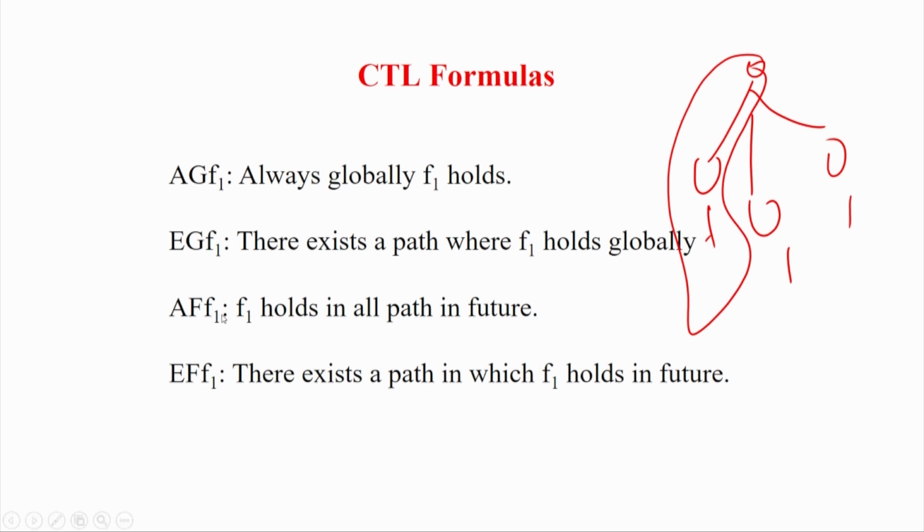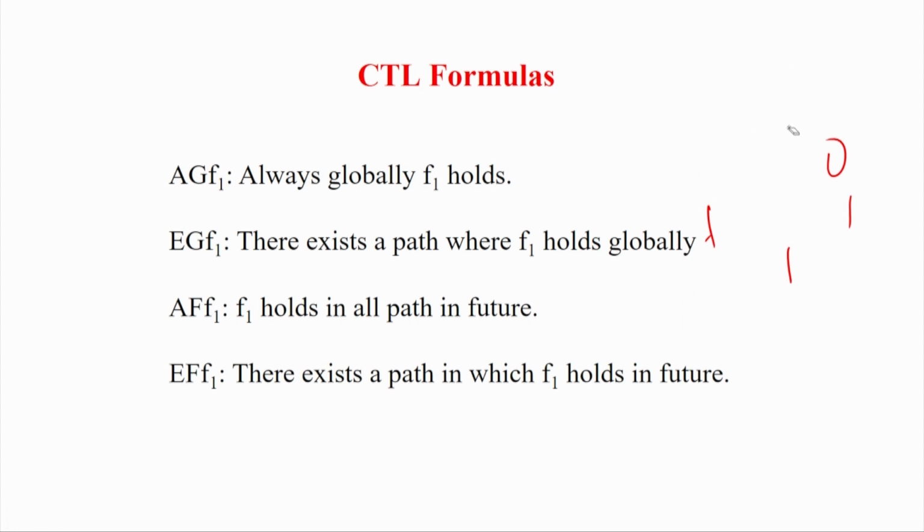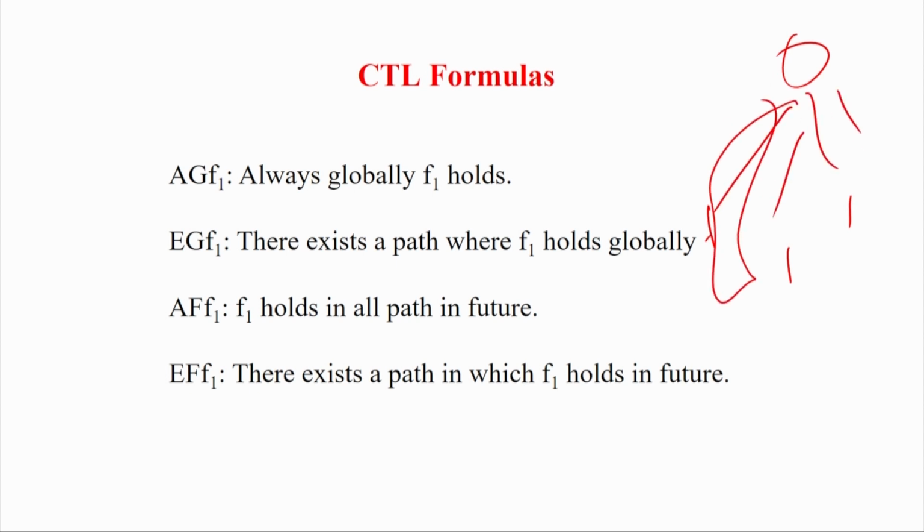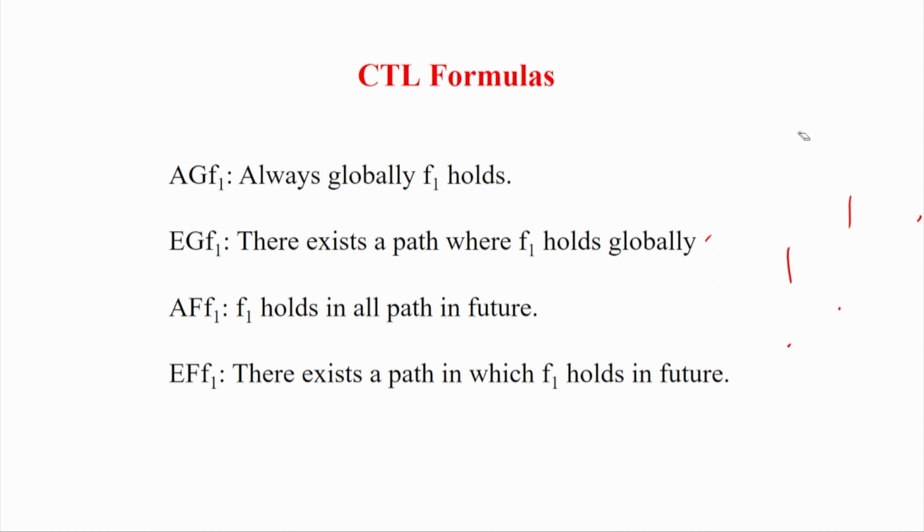AF means for all paths, in future F1 holds. That means for any path you take, in a future node, at all the paths basically, F1 will hold. EF F1 means among all the paths there is at least one path where in future F1 is going to hold. These are some CTL formulas.